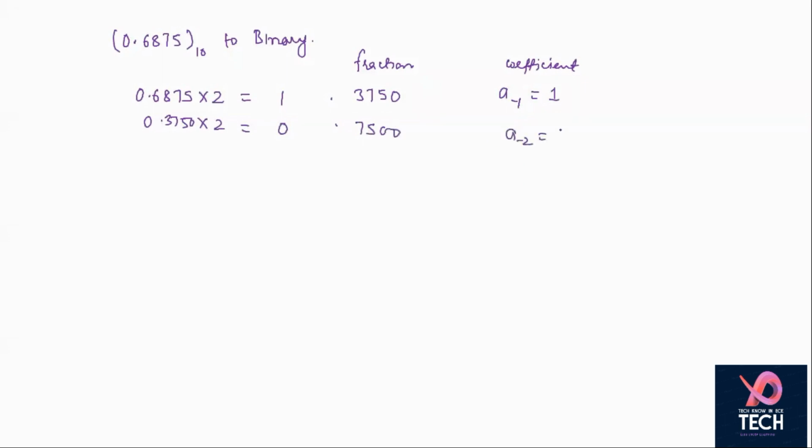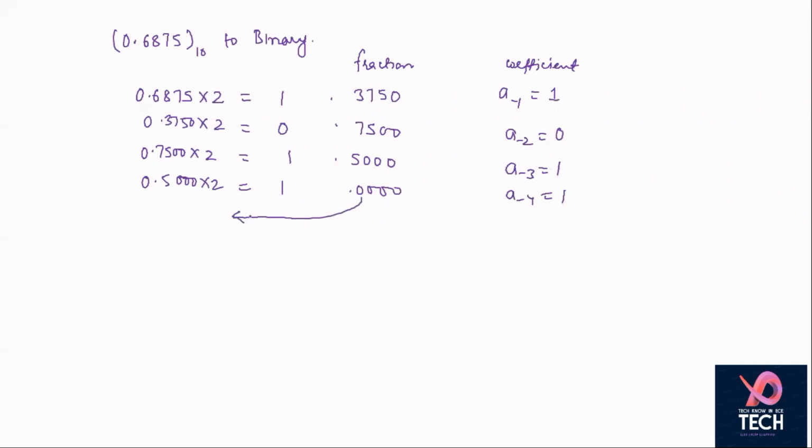So a minus 2 is equal to 0. Then this comes to 1.5, so a minus 3 is equal to 1. Then again this fraction multiplied by 2 gives 1.000, so a minus 4 is equal to 1. Now the fraction is eliminated, so you are not supposed to go further. So this can be written as a binary point number.